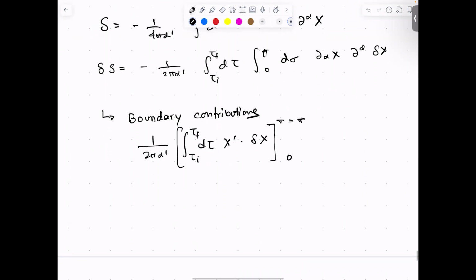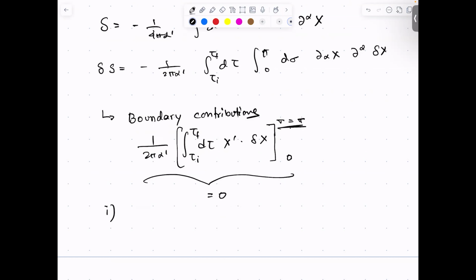You can work out that if the endpoints came back to the same point, as for the closed string, this definite integral would be zero, since you would have a cancellation of the two terms: something minus something. But that's not the case here because those two points are different. So we have to impose something, because otherwise we would not get the equation of motion. This term should be zero.